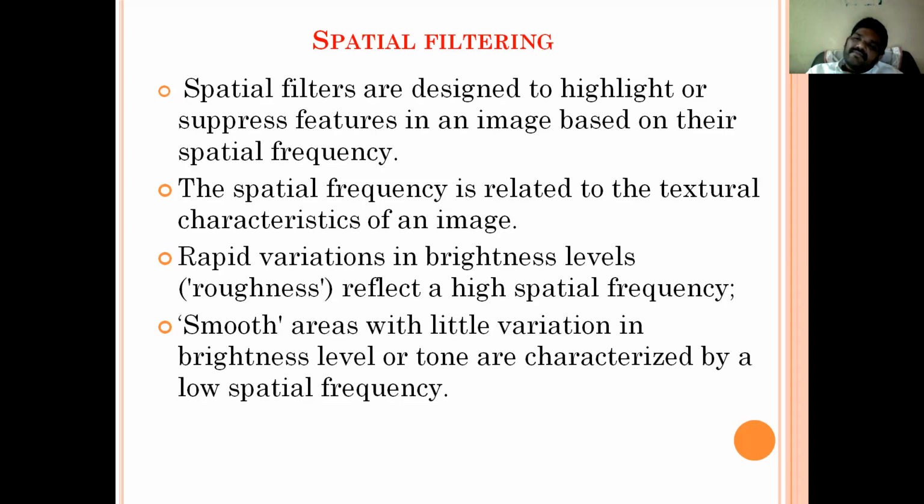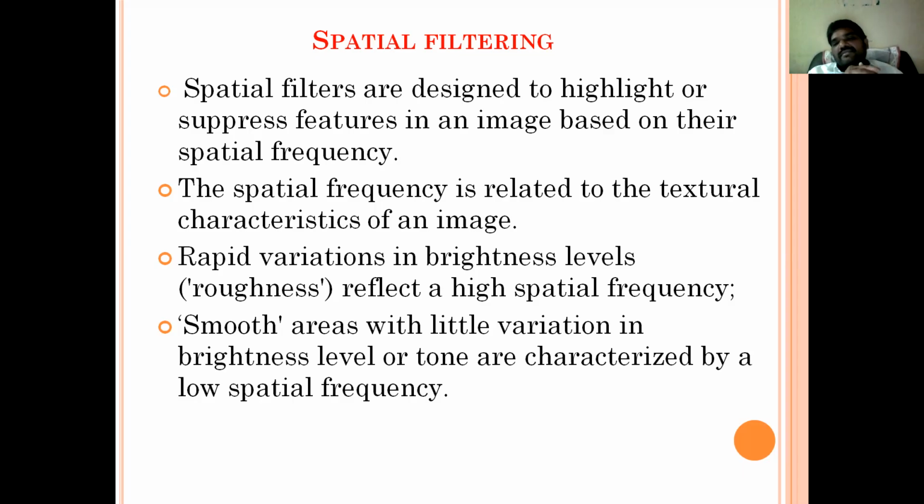We have seen under radiometric errors the removal of random noise. Here also, such high and low frequencies will be rectified. Spatial filters are designed to highlight or suppress features in an image based on their spatial frequency.